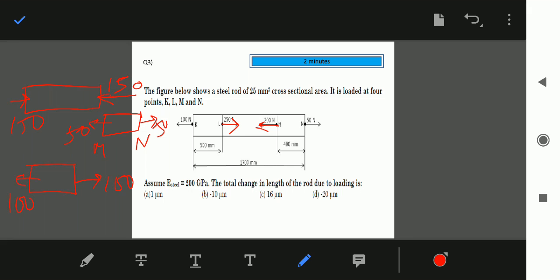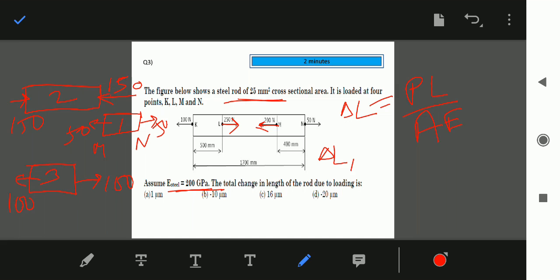For each of the blocks, numbering from right to left, 1, 2 and 3. Delta L will be, just remember the formula, PL upon AE. A is given as 25 millimeter square and E is given as 200 gigapascal. We have to find the total change in length. P1 is 50. So delta L1, this is in tension, so it will be plus.